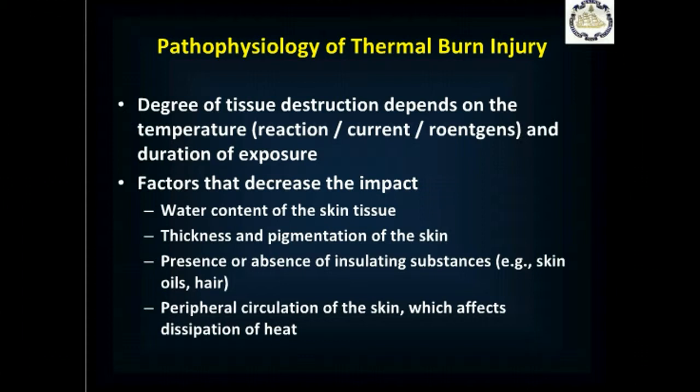Darker pigmented skin handles that high thermal energy better. Presence or absence of anything that insulates it, so skin oils or hair will absorb some of that energy and protect the skin. And then peripheral circulation of the skin, so areas that have a lot of good blood flow pull the heat out of the skin and move it centrally, but it takes it away from the skin and decreases the damage in that area.